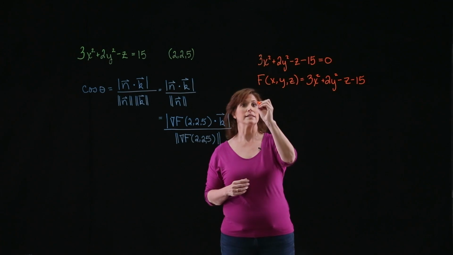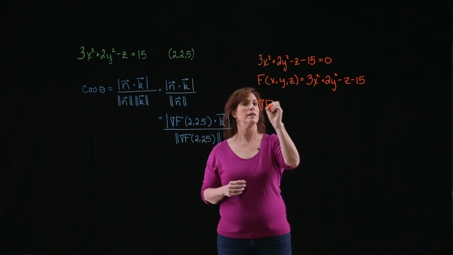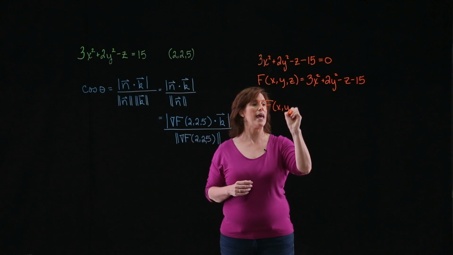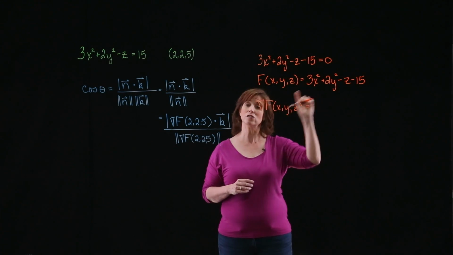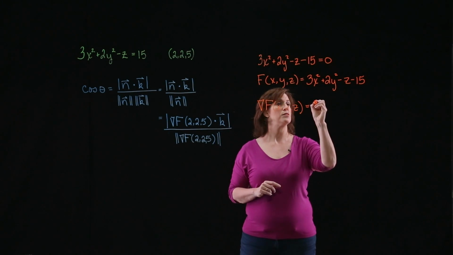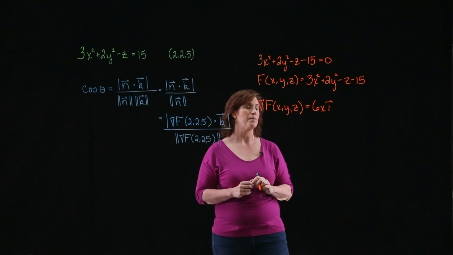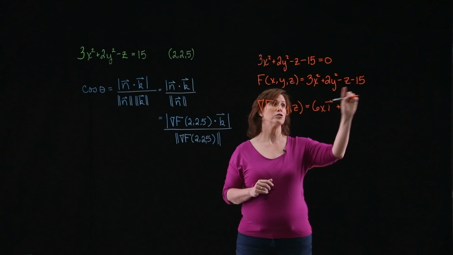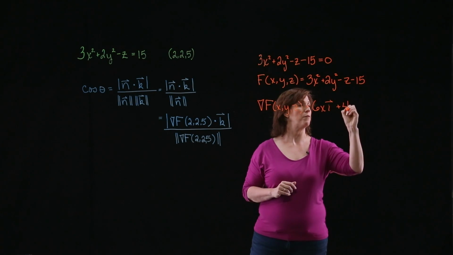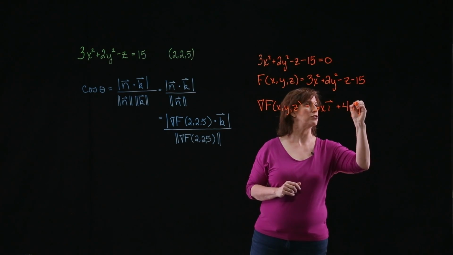Now to get the gradient of f, I'm going to need to take the partial of this function with respect to x. So that's going to be 6x, times my vector i. For the next piece, I'll take the partial with respect to y. That will be 4y, times vector j.